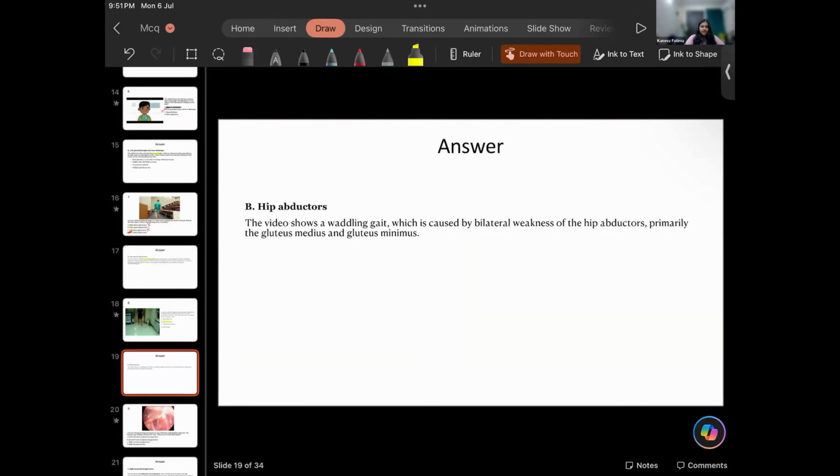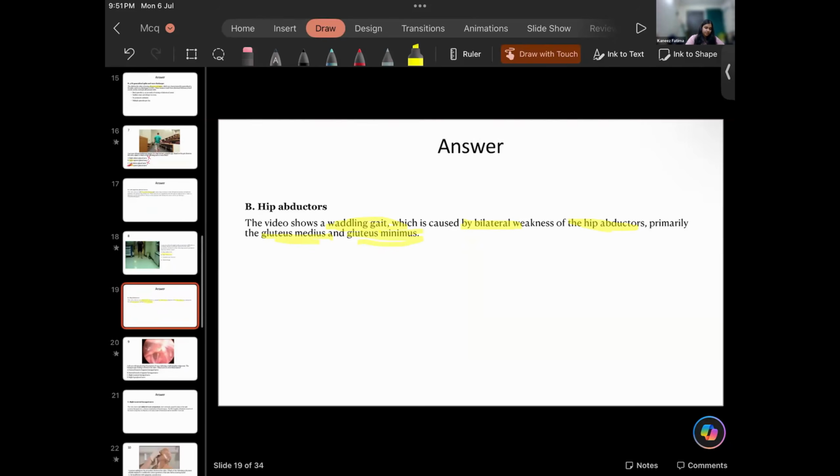The video shows a waddling gait, which is caused by bilateral weakness of the hip abductors, primarily the gluteus medius and the gluteus minimus. Okay.